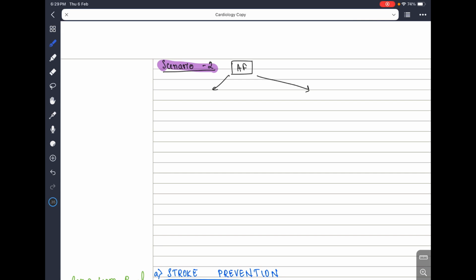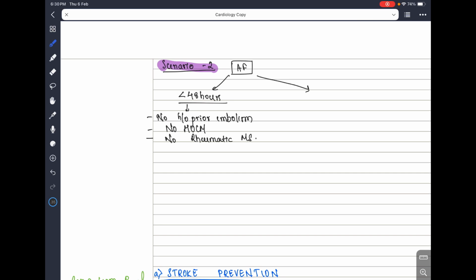So in the second scenario, the patient has atrial fibrillation for less than 48 hours. Also there is no history of prior embolism, the patient does not have prior thromboembolic events. There is no hypertrophic obstructive cardiomyopathy, and there is no rheumatic mitral stenosis.